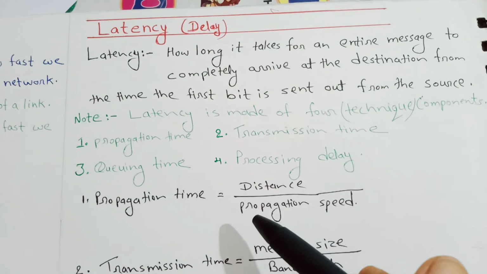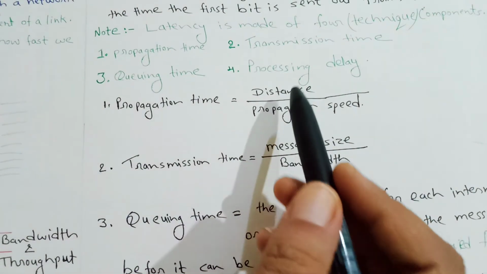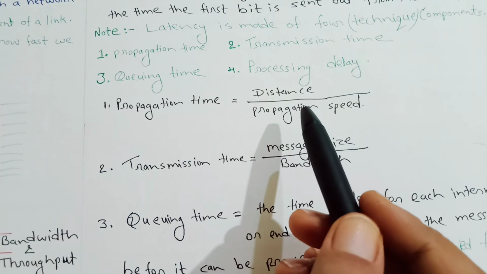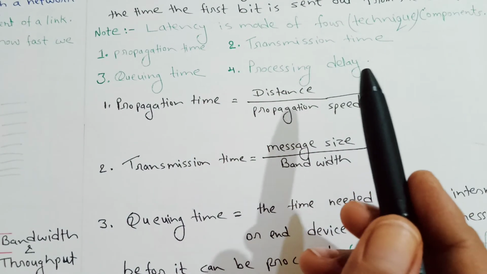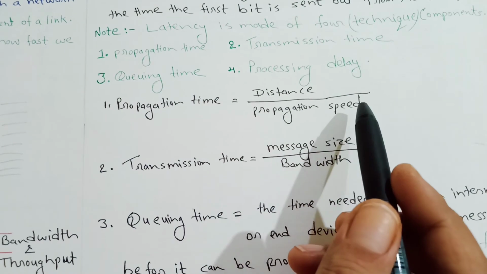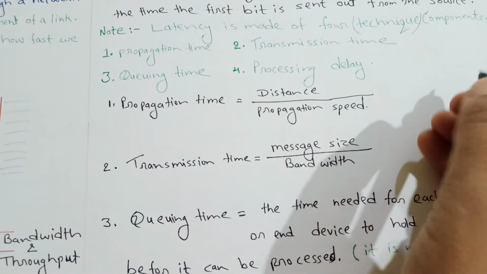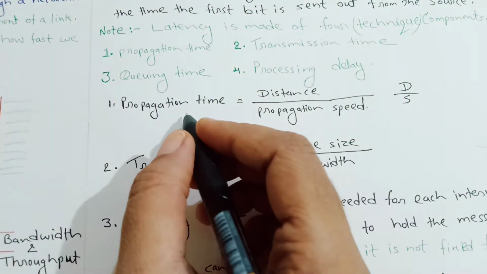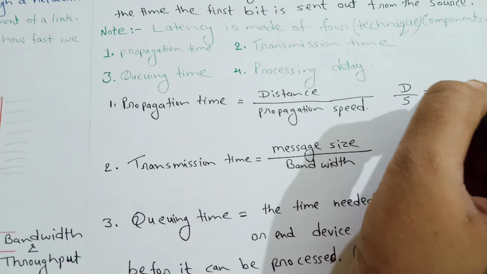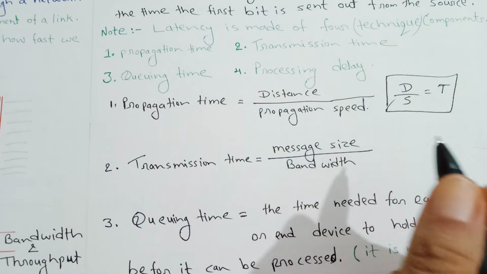Then what is propagation time? Propagation time is distance by propagation speed: how much distance you are covering and what is the speed. You can simply think of d by s, distance by speed. This is called time, T is equal to d by s.